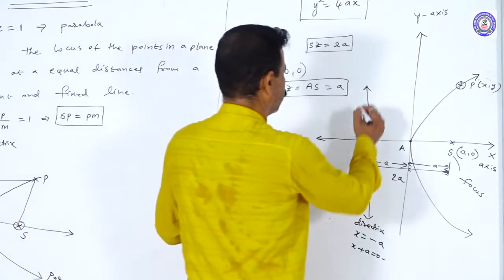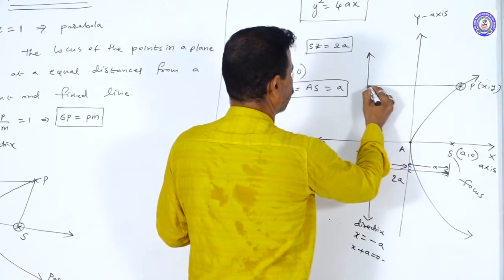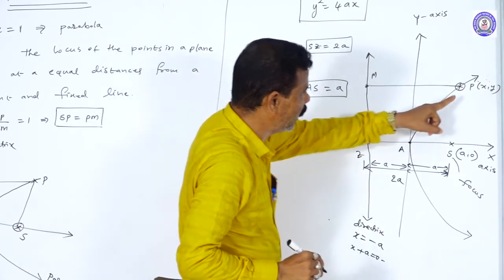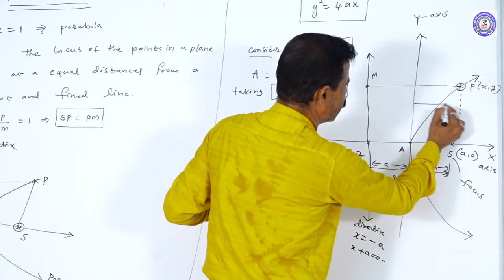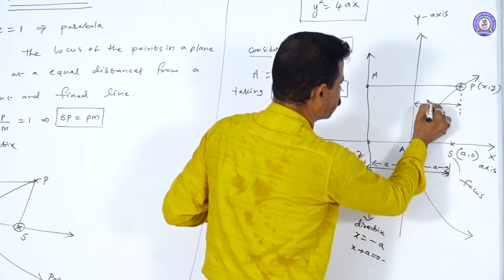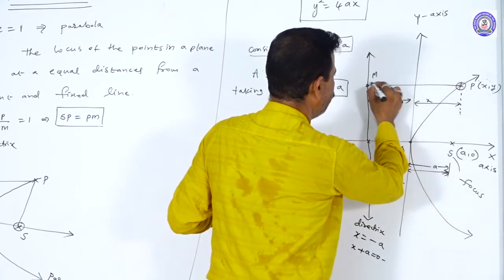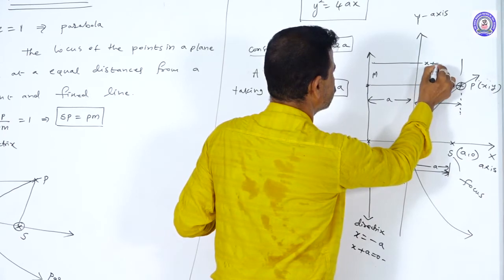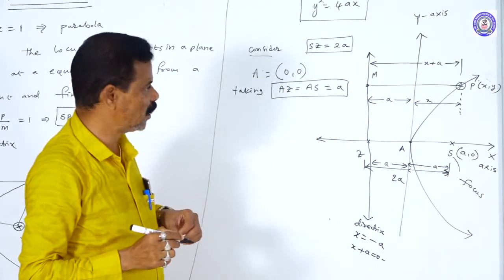Next, draw the projection here. This point is M. So here the x coordinate, abscissa x, this value is x length. This value is a length. So here PM is equal to x plus a. PM length x plus a.